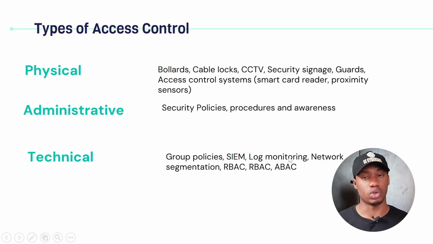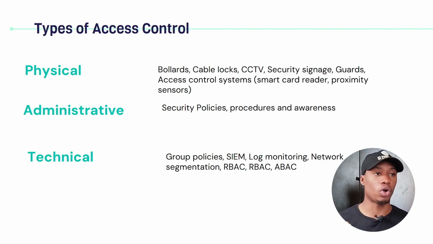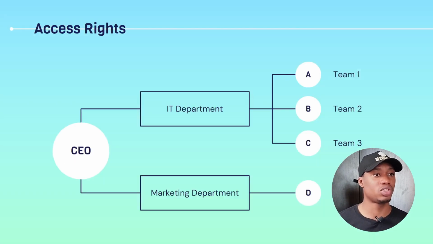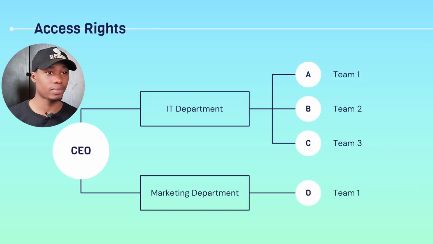This is what technical control is. All these controls sometimes go hand in hand. You will find all of this in a typical organization, or almost all organizations are supposed to implement all this.